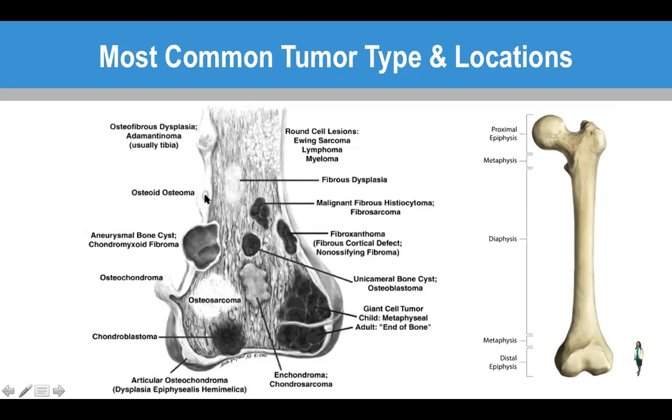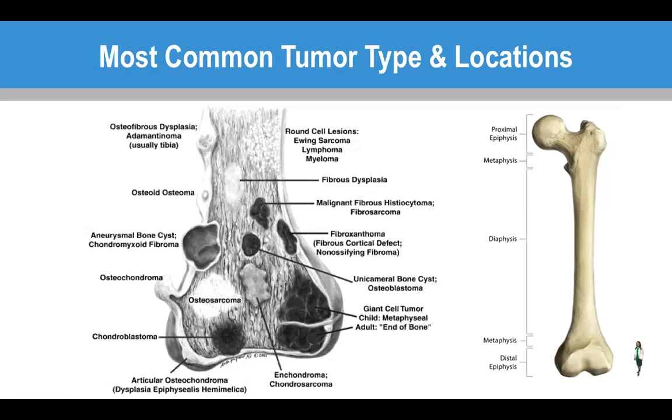Osteoid osteoma is a benign bone lesion at the cortex. Radiologically, it's very characteristic, has a nidus, and the patients are usually young, with excruciating pain at night, and if they take aspirin, they will get better. So that's a benign lesion. Adamantinoma is an intermediate grade malignancy, has a biphasic component with keratin positivity.